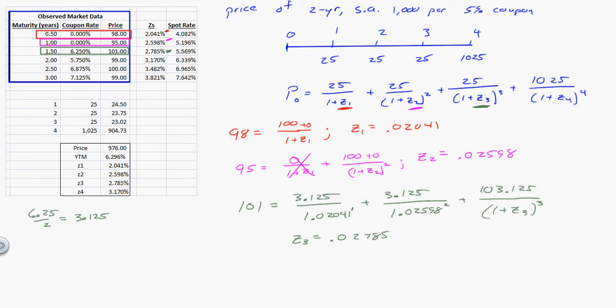Alright, let's see, what color can I use for Z4? I'm starting to run out here. Here's Z4. That's going to be 99% of par.